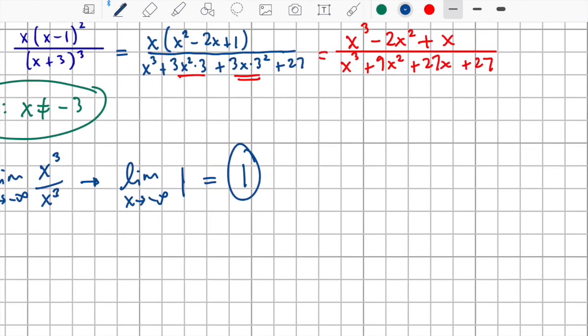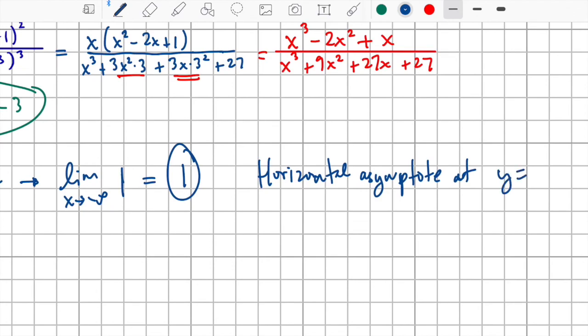So we have a horizontal asymptote at y equals 1.